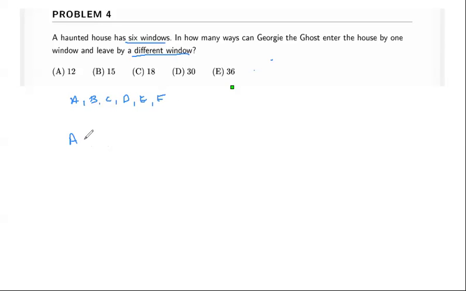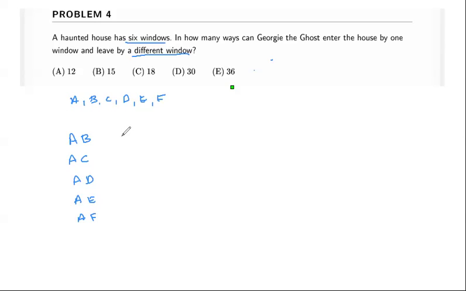You're going to use one of the remaining, so I can choose B, or C, or D, E, or F. Which means if I enter from window A, I can choose one of the other 5 windows to exit. And A is not special. If I enter from window A, I have 5 different ways that I can exit. But A is not special.